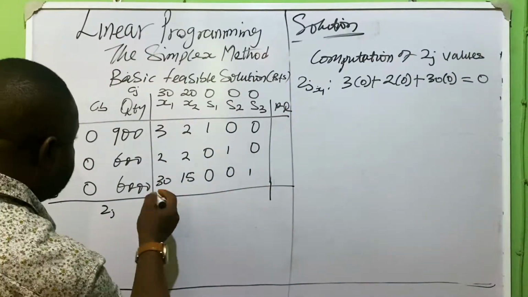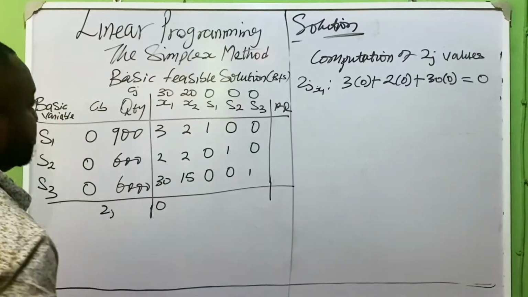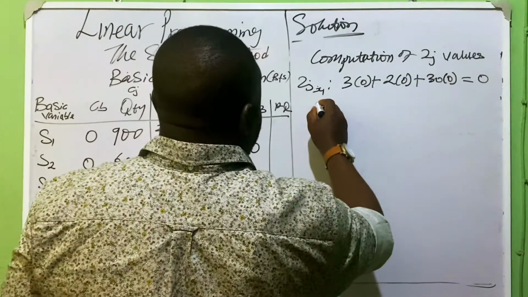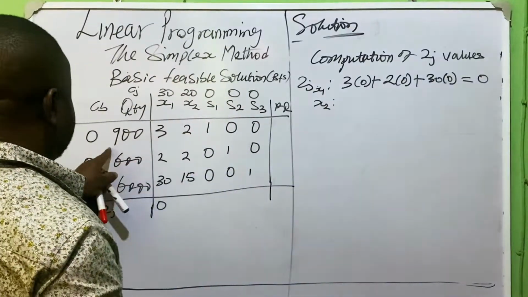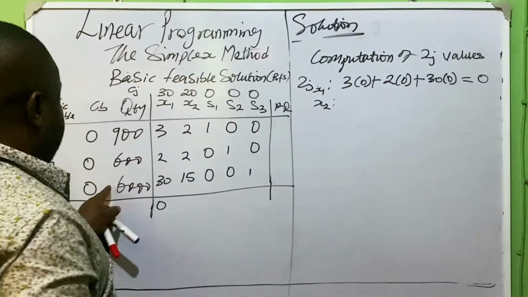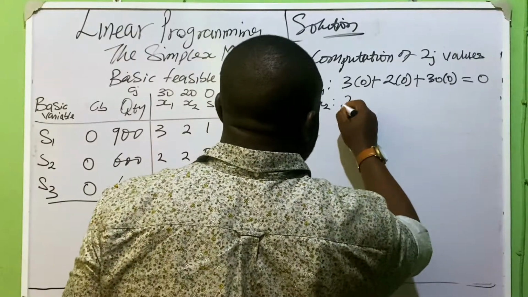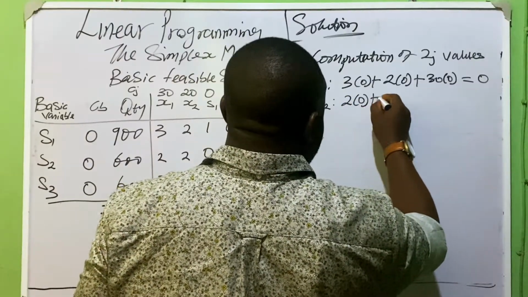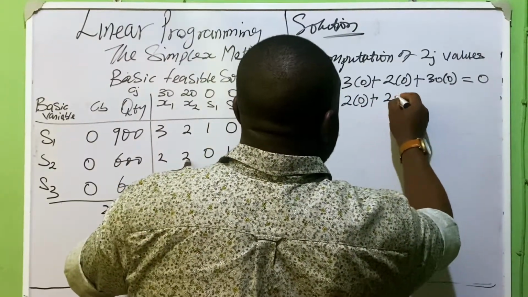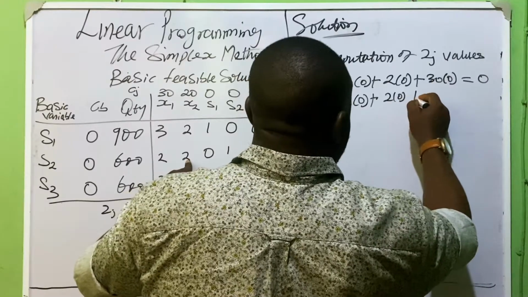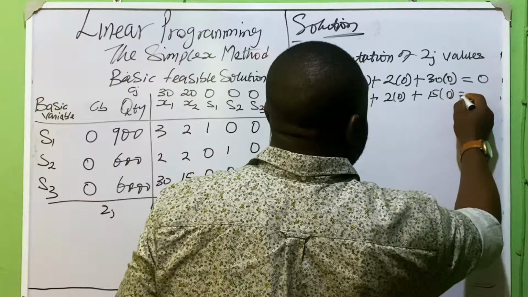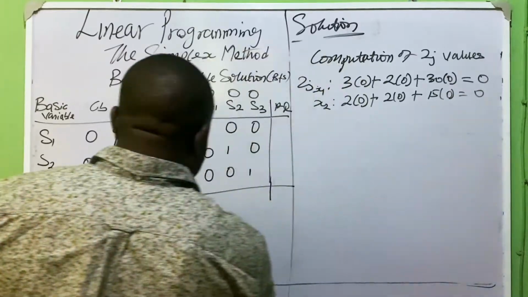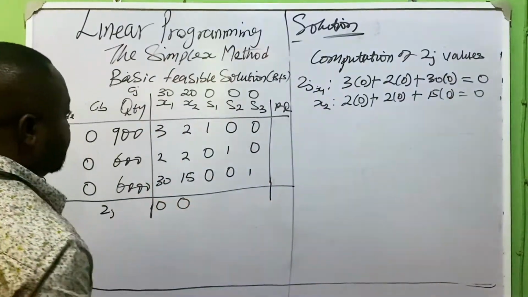So ZJ x1 will be 0. For x2, we have 2 by 0 plus 2 by 0 plus 15 by 0. It gives us 0. So I'll have 0 here.